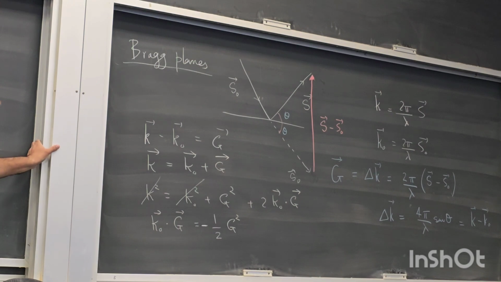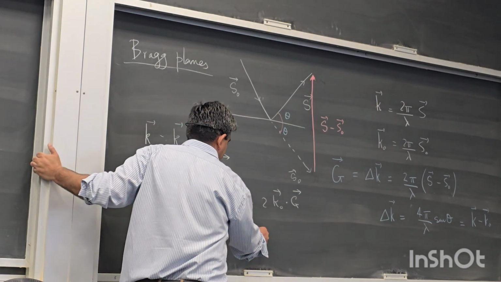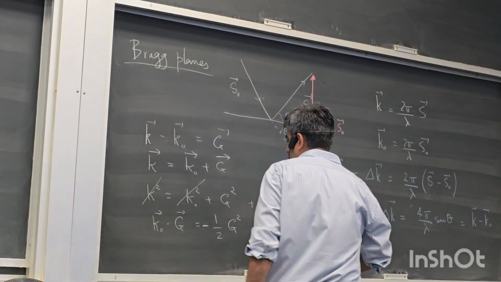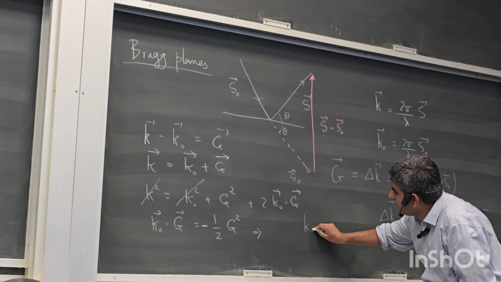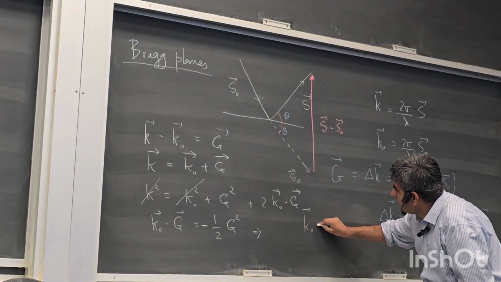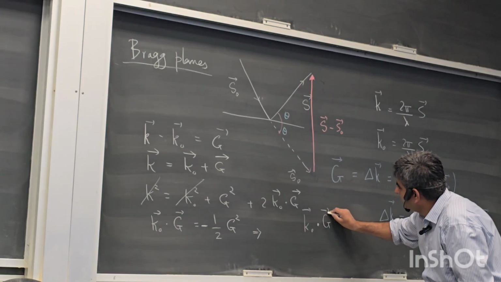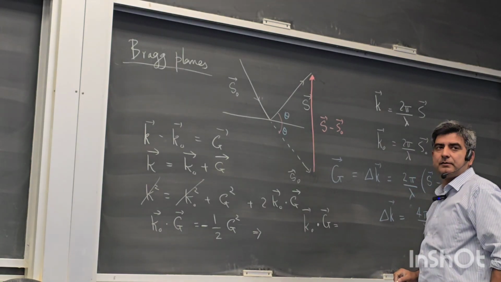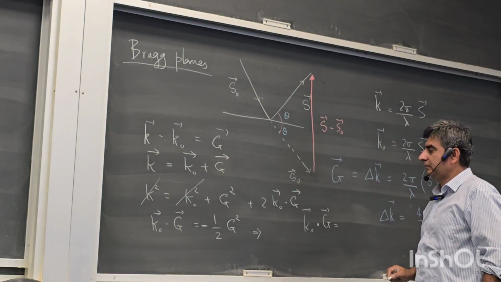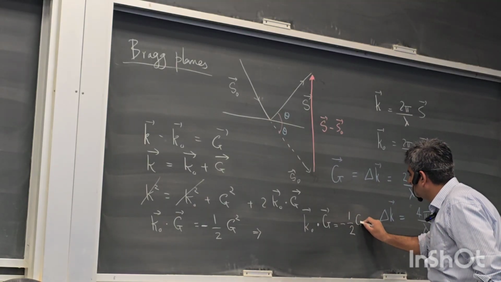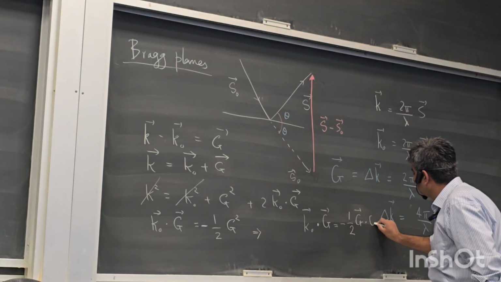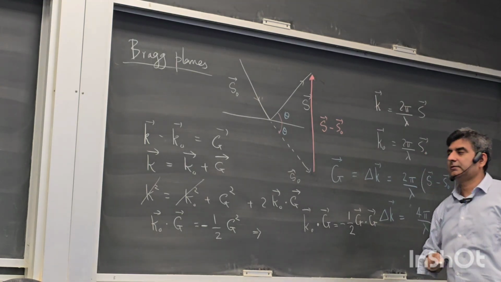So k naught dot g equals minus half g dotted with g, correct?